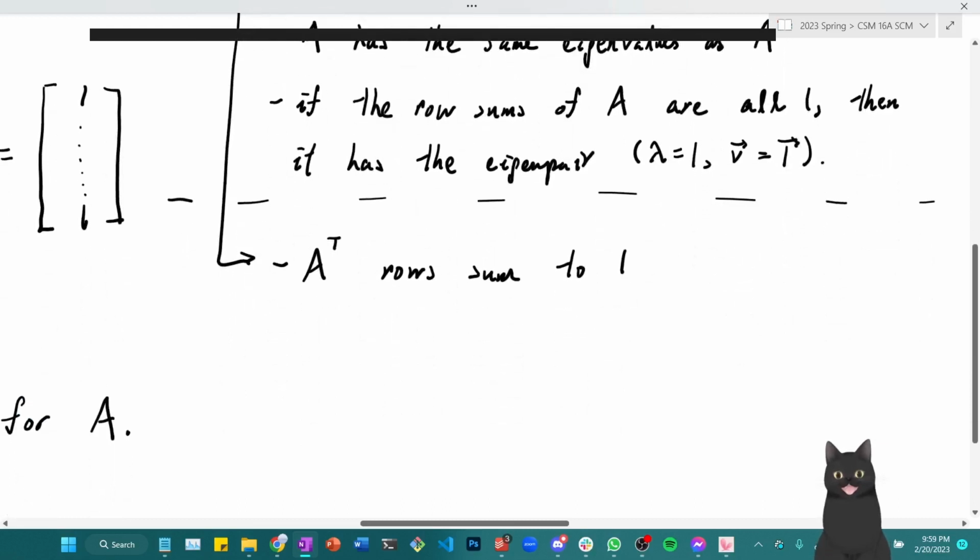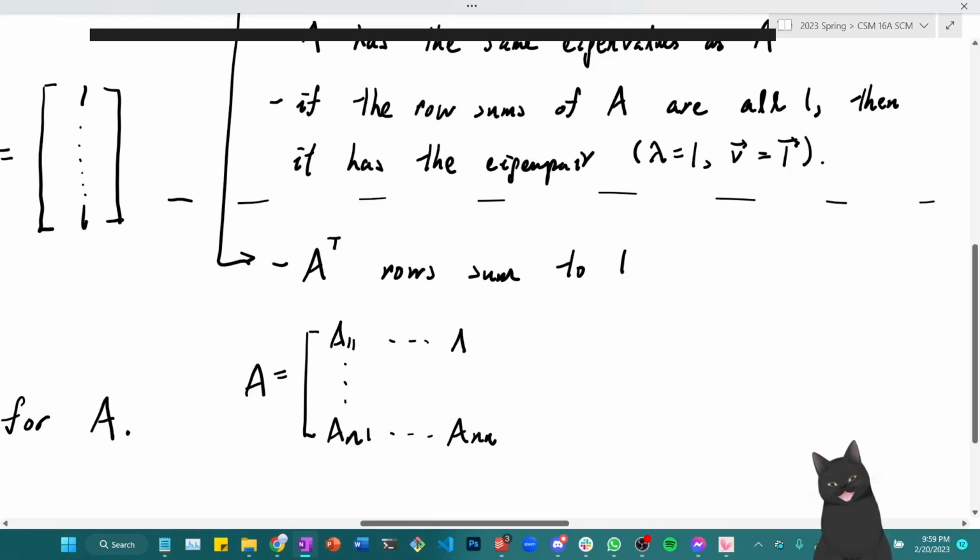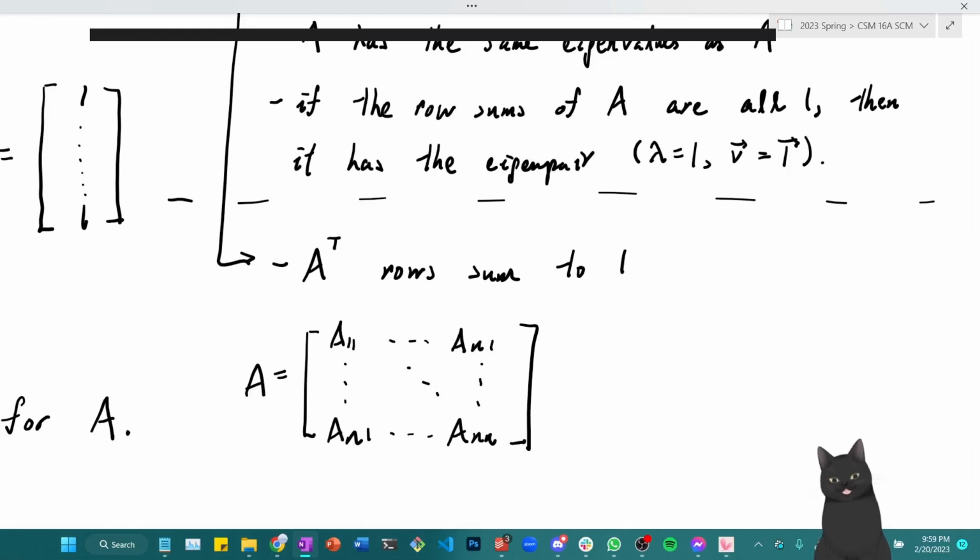Let's look at this a little more closely. A itself expressed in components is going from A11 to AN1, going to ANN. Now let me write down A transpose in its components.